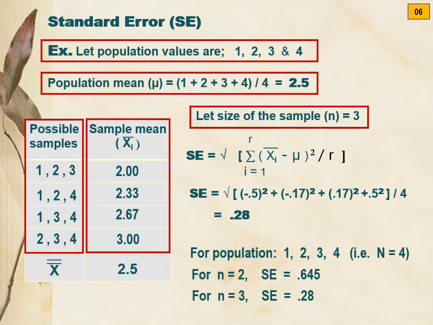But practically for a population in general, that is not possible. So getting the standard error this way was just the concept. How we calculate practically the standard error, that we are going to discuss in the next slide.